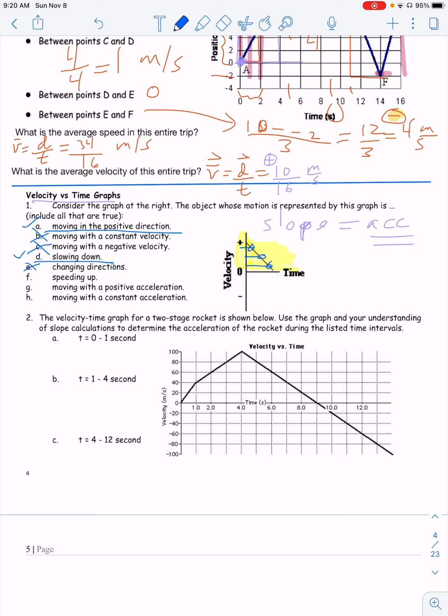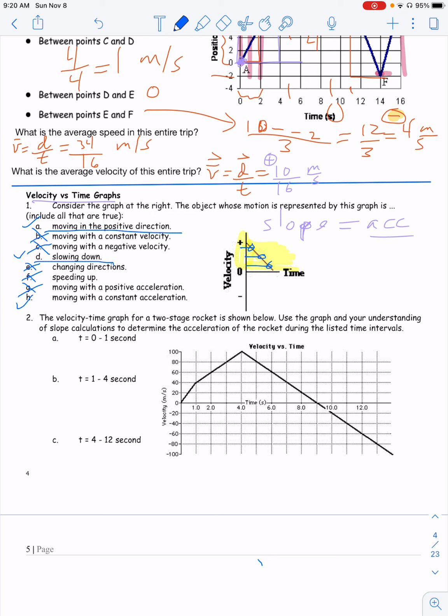To change direction, it has to move across the x-axis and go into the other zone. Is it speeding up? No, it's only slowing down. Is it moving with a positive acceleration? Acceleration is the slope. It's going downhill, so it's negative acceleration. So no. Is it moving with a constant acceleration?